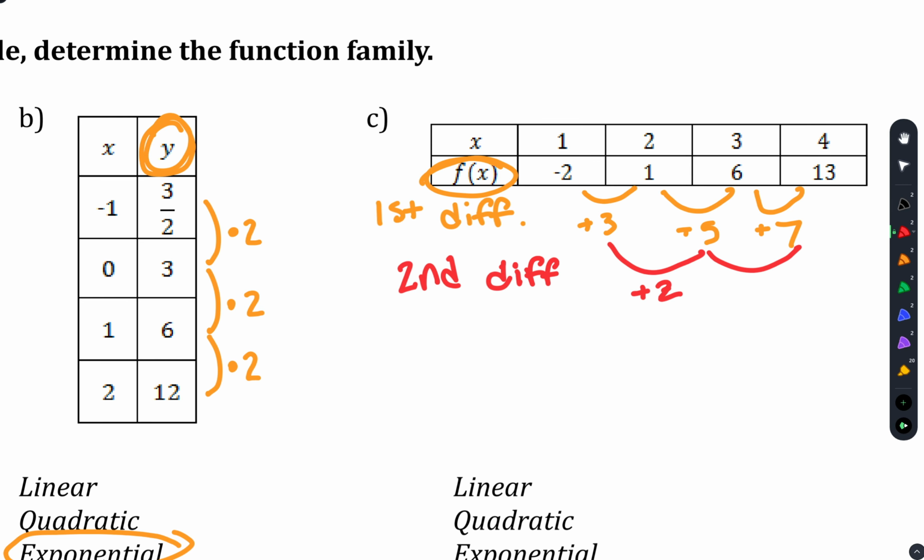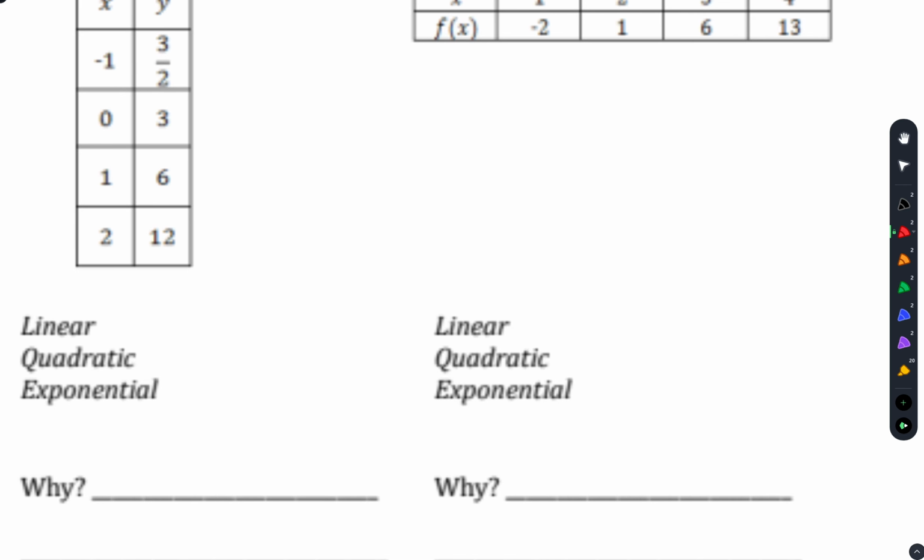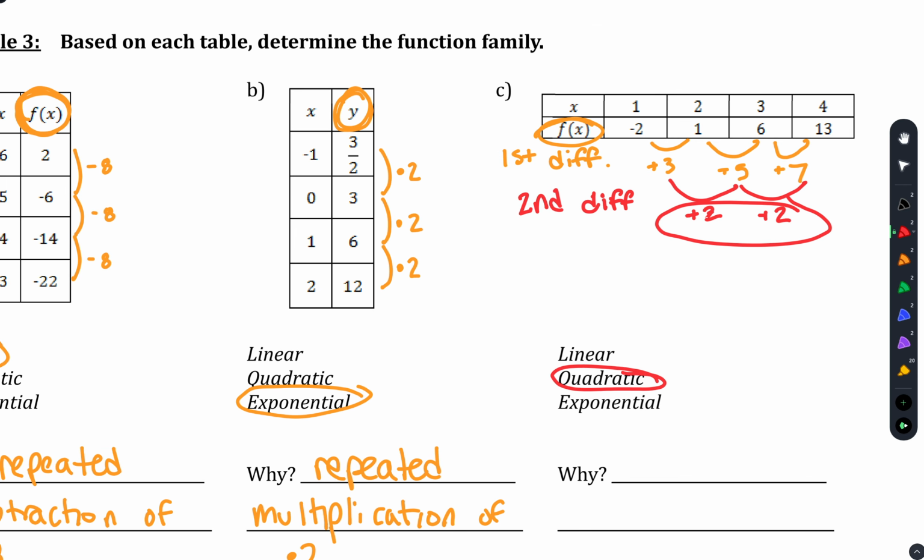Plus 2. What's the difference between 5 and 7? Are those two numbers the same? So these are our second differences. They are the same, so therefore we can call this quadratic. And our reason, second differences are the same. Any questions on that?